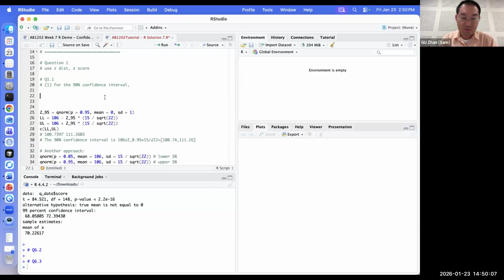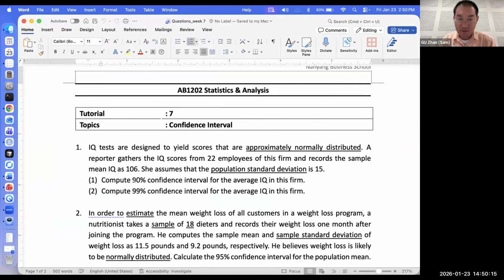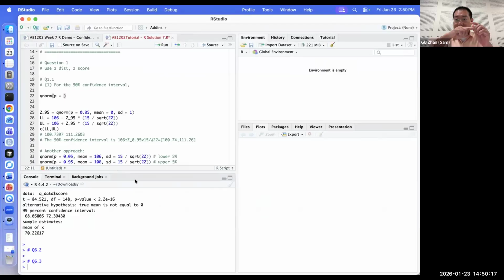First, p is how much confidence we want to achieve, 90%. 90% means on a bell curve, left tail 5% and right tail 5%, right?